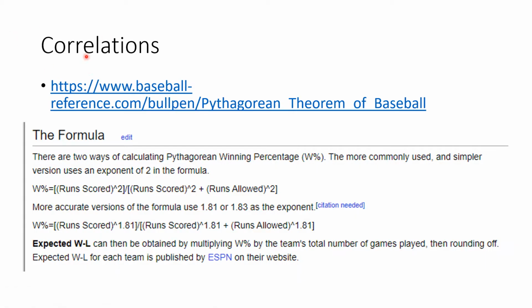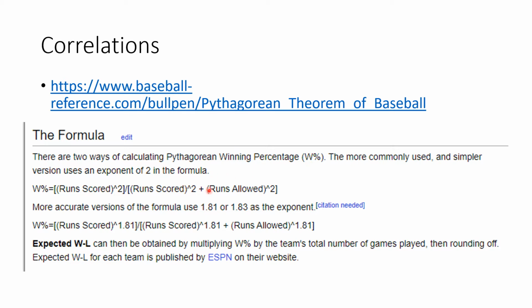And the questions have to do with correlations like we saw in our technical videos. There is a reference that talks about the Pythagorean Theorem of baseball, but I decided to just talk about what it is here. The idea is that Bill James, who was a pioneer in sabermetrics, applying statistics to baseball, suggested that there's something that kind of looks like the Pythagorean Theorem that represents winning percentage very closely.